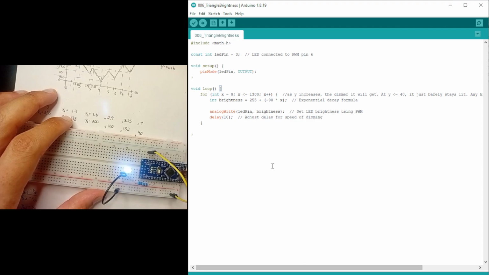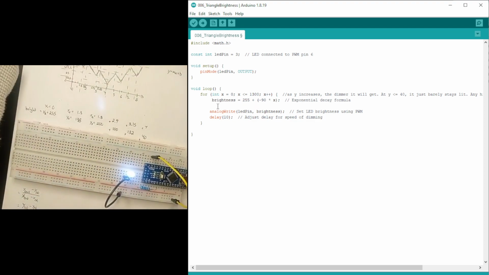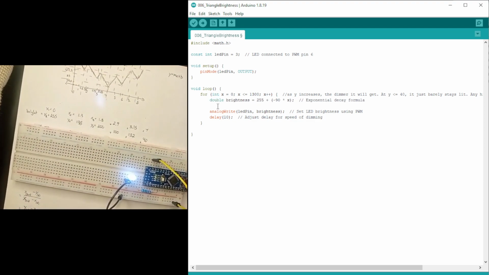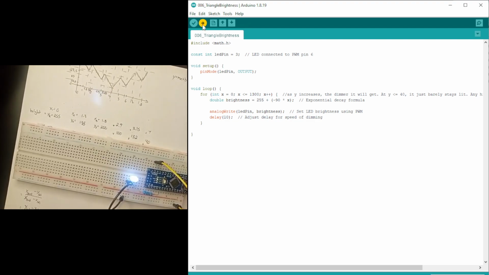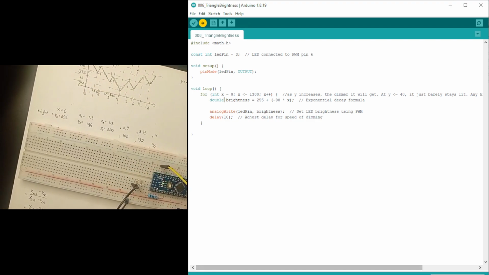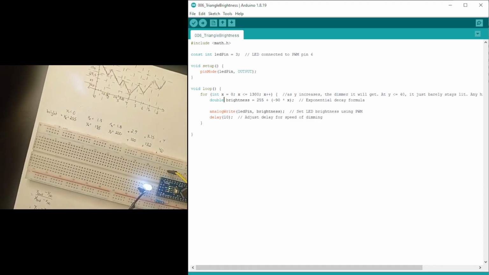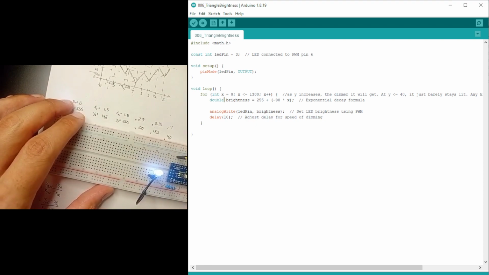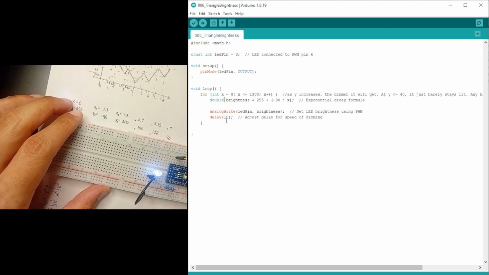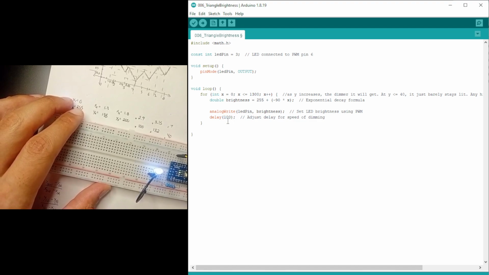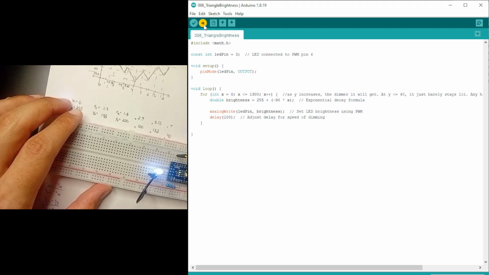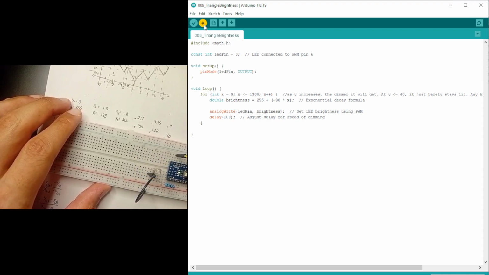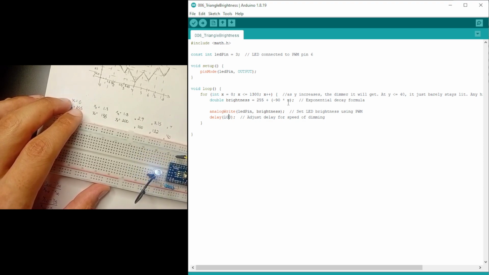I think this needs to be a double rather than an integer. Nope, not entirely. What if we change that to 100? Okay, this still goes by pretty quick.